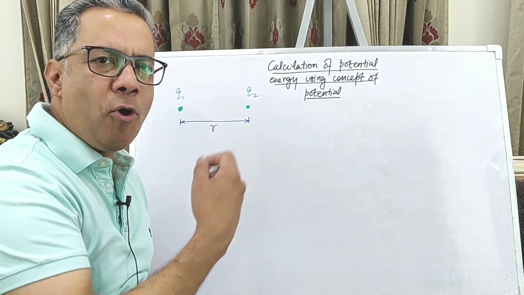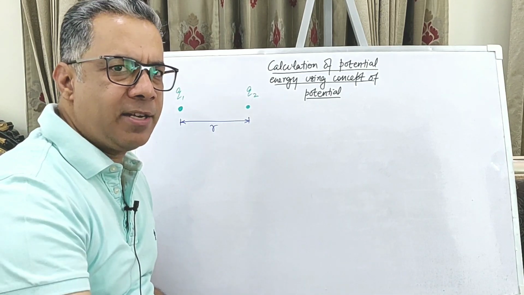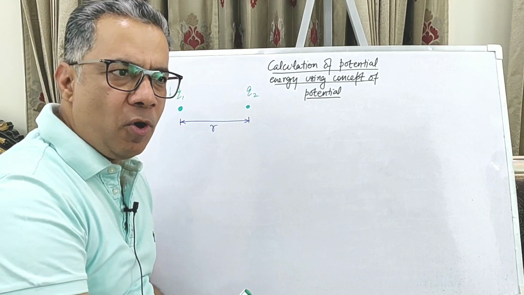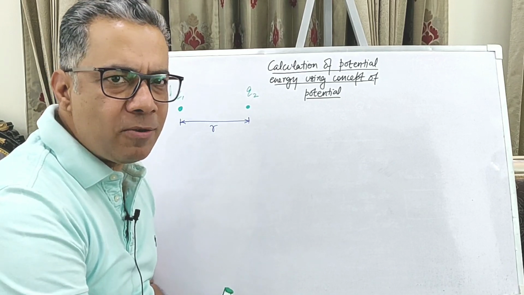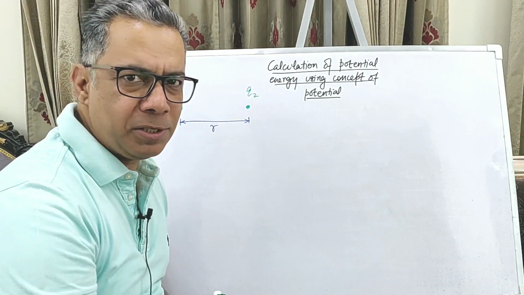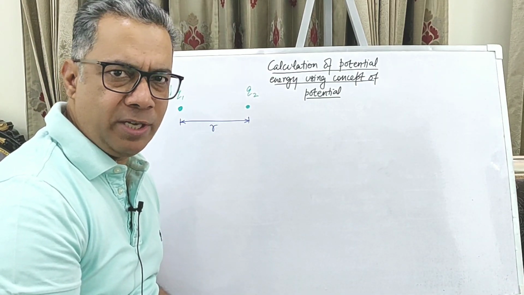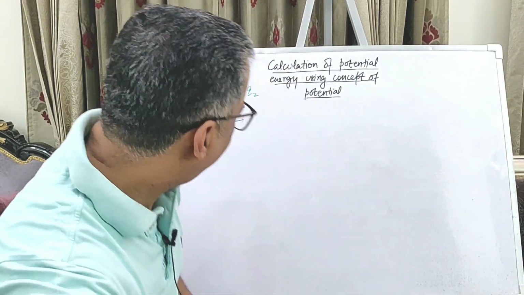We add up all the changes in potential energy and arrive at the magnitude of the final potential energy of the system. Of course, we start with the assumption that initially, when there were no charges present, the potential energy was obviously zero. So let's start assembling this system.